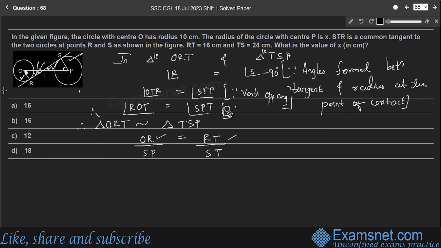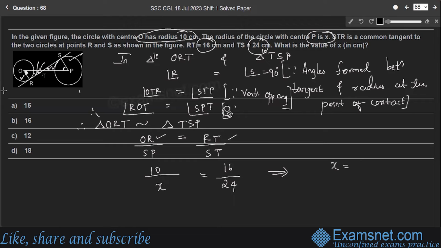So here OR is given. OR is the radius of the circle with center O, which is 10 centimeters. SP is the radius of the circle with center P, which is x. So 10 by x is equal to RT, which is already given as 16 centimeters, and ST is also given as 24 centimeters.